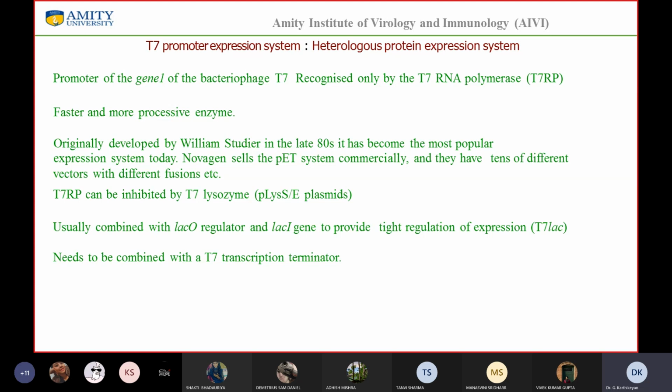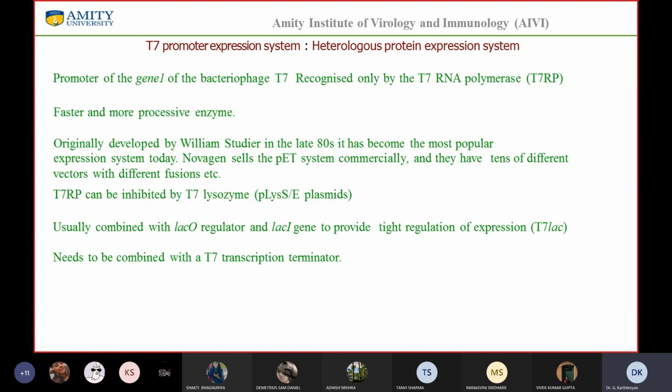We are not interested in the T7 life cycle, so I'm not going to go into the details, but suffice to say two things from T7. One is T7 RNA polymerase, which is highly processive, and people use it for this. And then you have T7 lysozyme, which has the ability to bind to T7 RNA polymerase and prevent it from carrying out the transcription process.